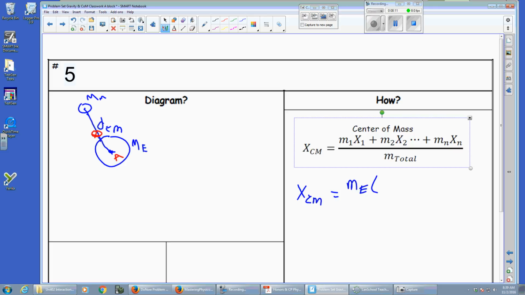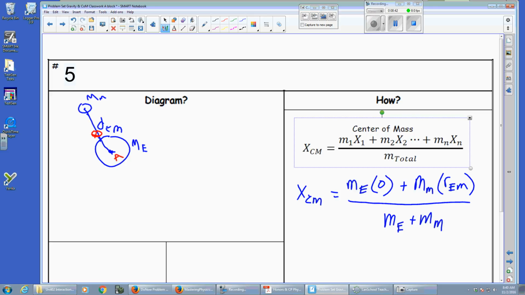Its center of mass is 0 from the reference point, which is the center of the Earth, plus mass of the Moon, and radius Earth-Moon is how far the center of the Moon is away from our reference point, over mass of the Earth plus mass of the Moon.